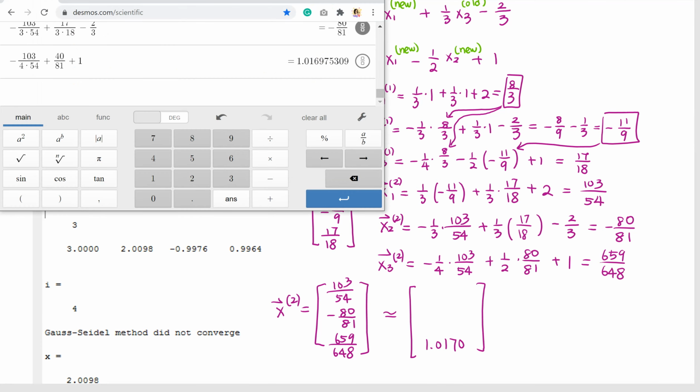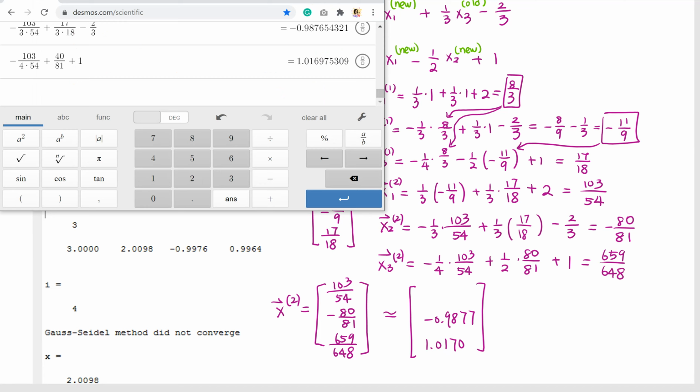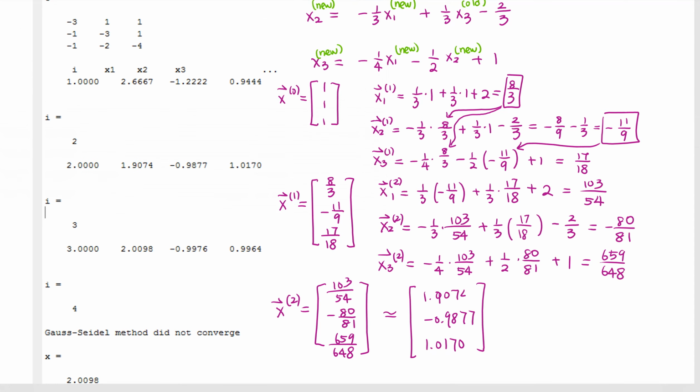And then the negative 80 over 81, 0.987, round up 7. Okay, so 0.9877. And then the first one, we have 103 over 54, 1.9074. So far, so good, everybody?